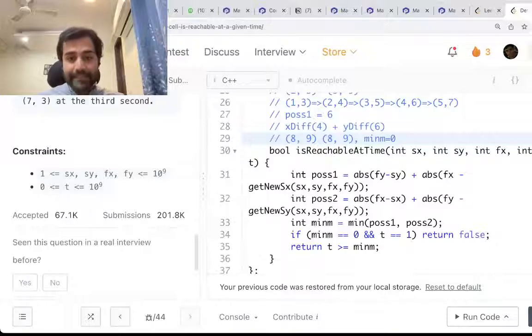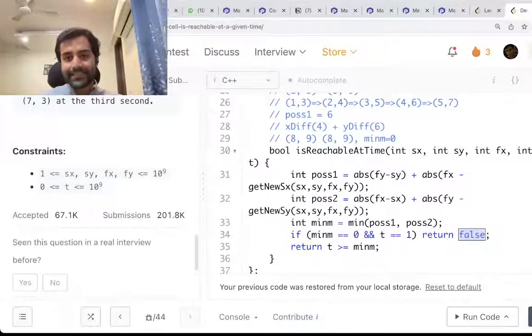So if it ever happens that minimum comes out to be 0, then it points to that scenario where sx and fx would be equal, sy and fy will be equal, which means both the points would be the same point. In that case, if the value of t is 1, is it not sensible to return false?